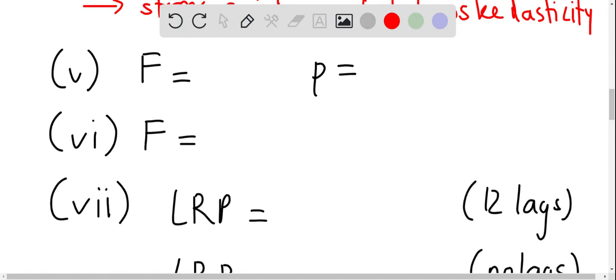Part 5. The usual F-test is 4.53 with a p-value of 0.058.